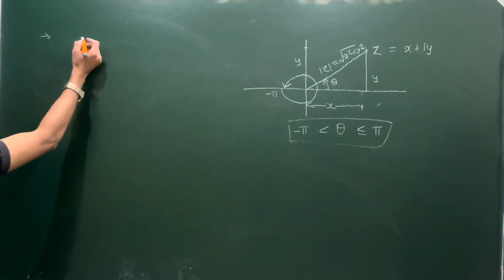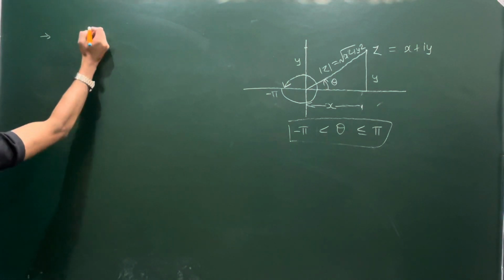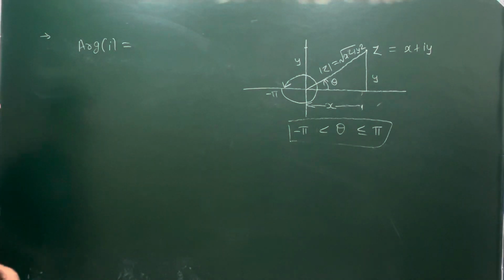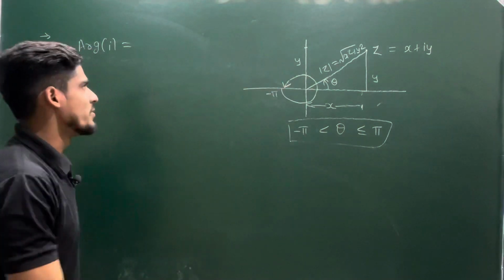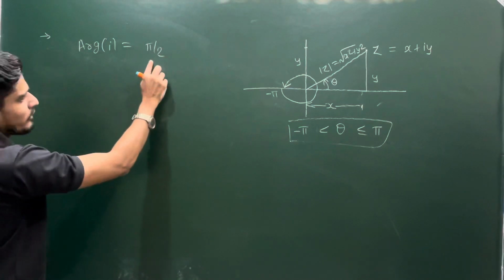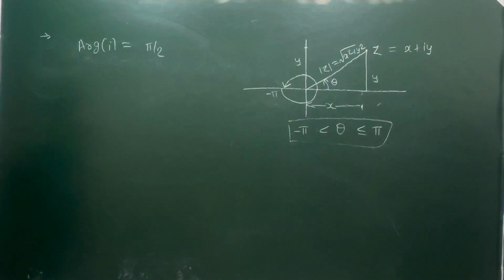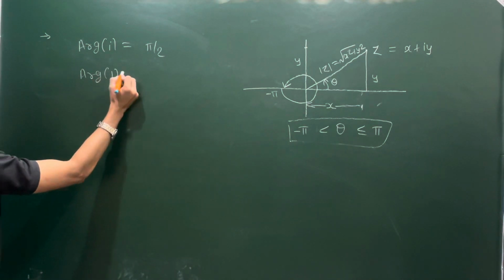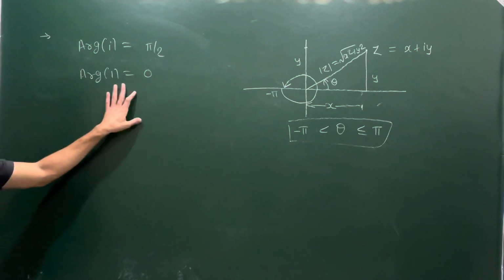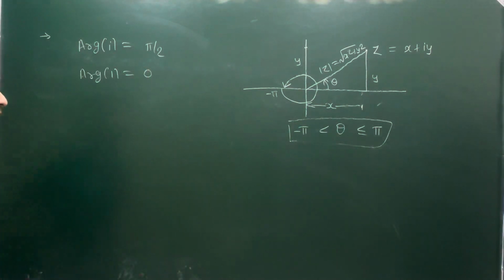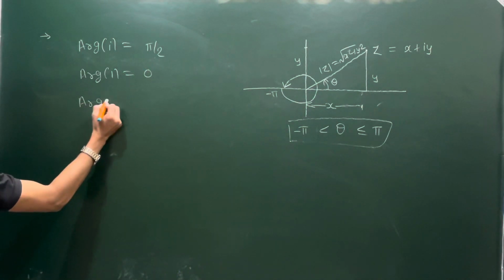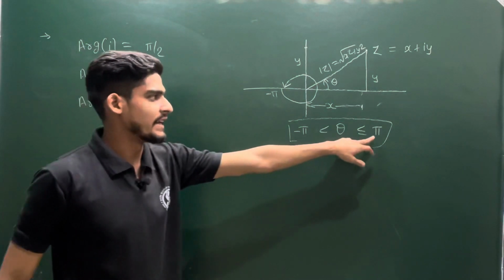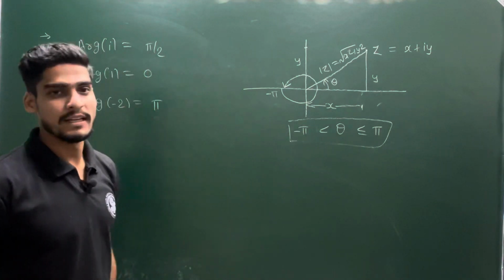Now suppose you are having a complex number, say, let me write directly, argument of iota. Can you give me argument of iota? Iota will be here, so your argument will be pi by 2, and this pi by 2 is in between this. Argument of any positive real number, say 1, will be 0. If I take a negative real number, say argument of minus 2, it will be pi, because at pi I can take the equality, at minus pi I cannot take the equality.